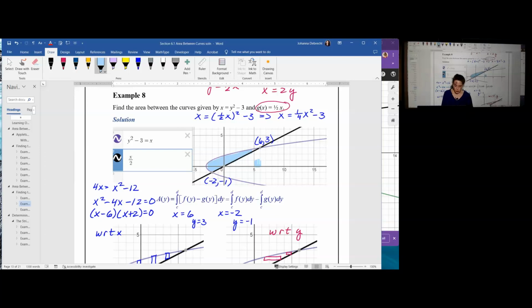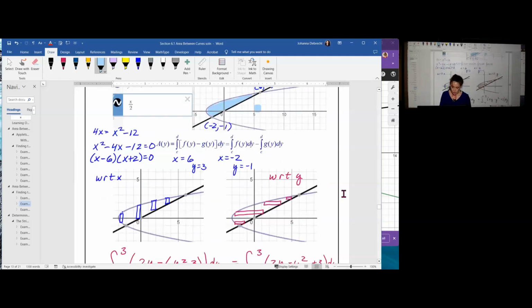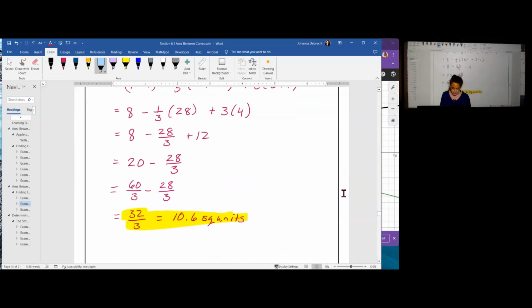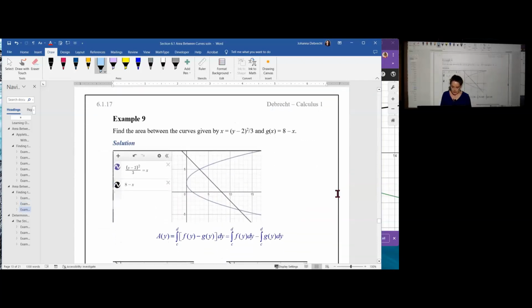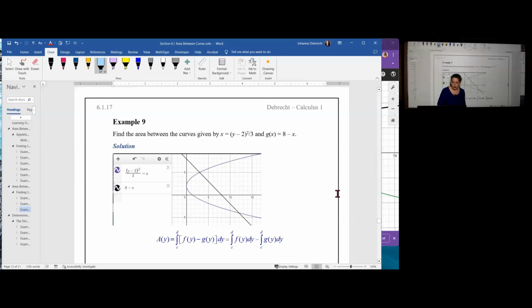Let's now look at one more example of integrating with respect to y. In example 9, we want to find the area between the curves of (y minus 2) squared, all divided by 3, equal to x, and y equal 8 minus x.